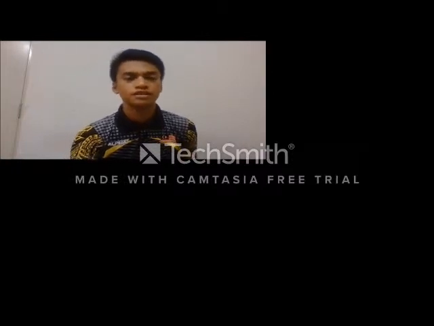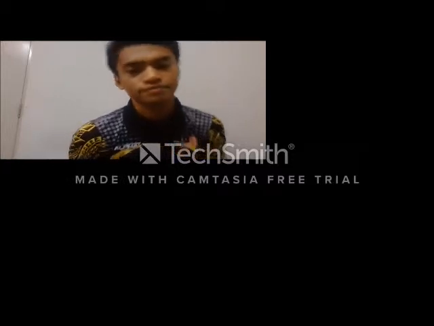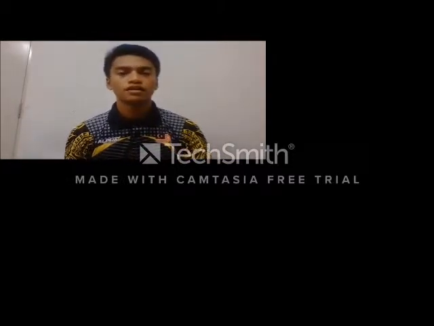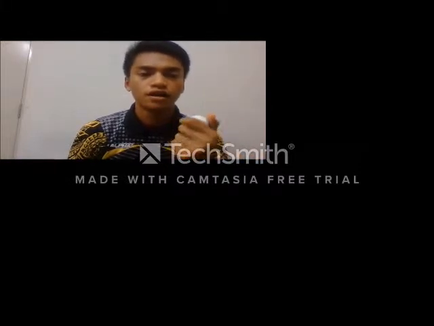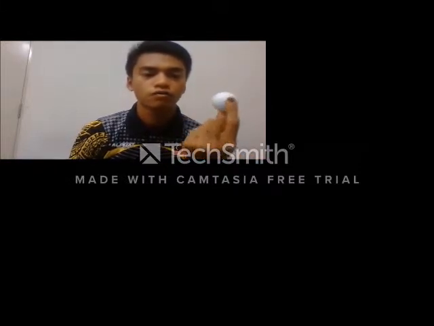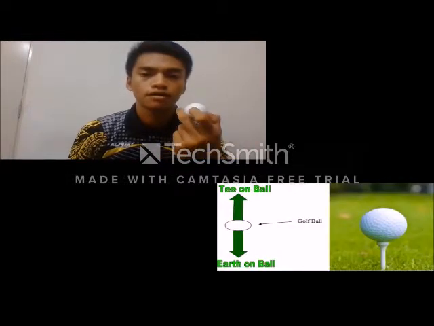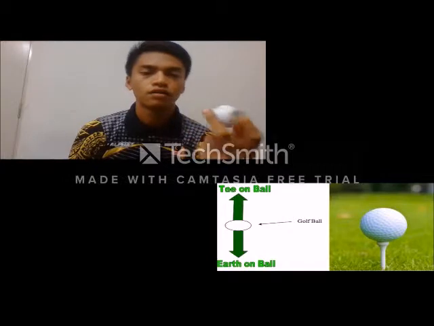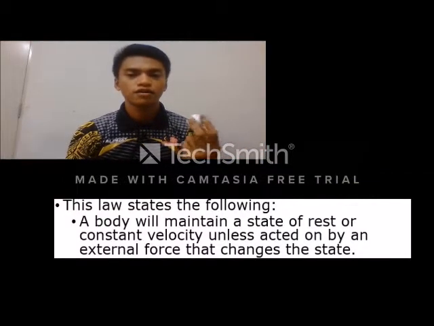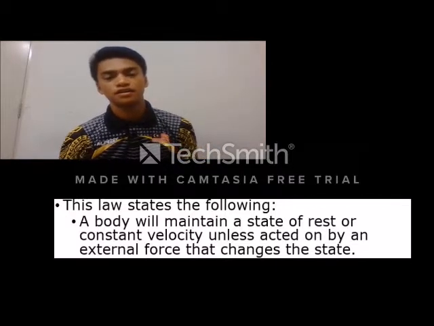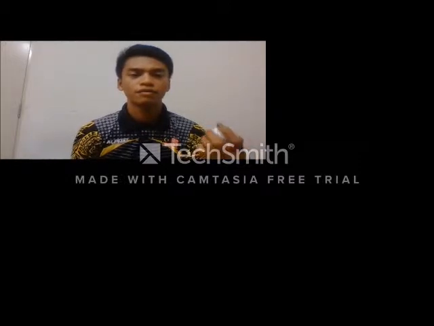For the first, Newton's law of inertia: the golf ball is the object. It will remain at constant velocity until acted on by an external force that changes its state. The external force is the swing that hits the ball.